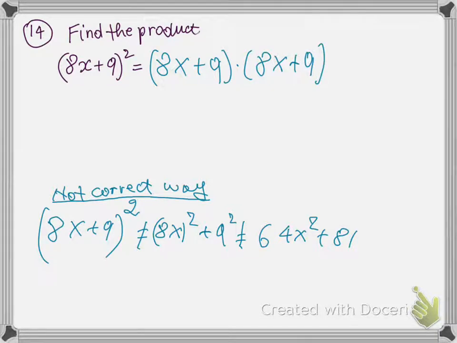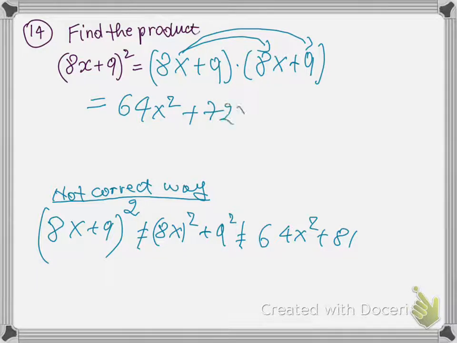Now we're going to distribute. 8x times 8x is 64x squared, plus 8x times 9 is 72x, plus 9 times 8x, 72x, plus 9 times 9 is 81.